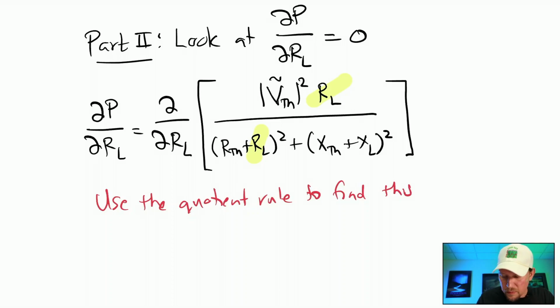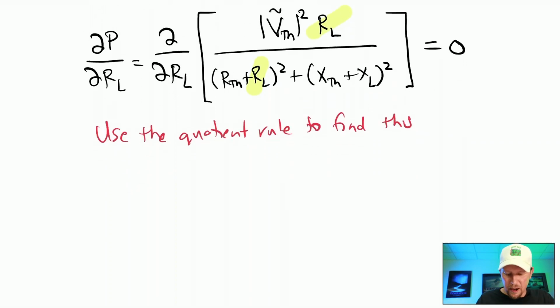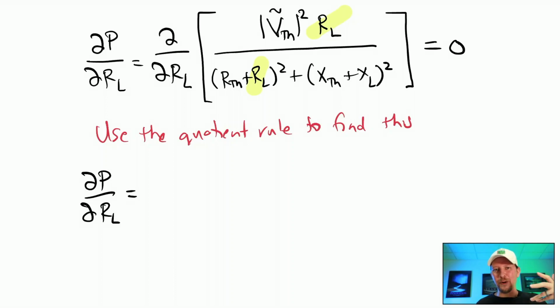On top of that, we will be setting it equal to 0 and then solving to see what conditions or constraints we actually have. Now, way back in high school, I learned the quotient rule using a little mnemonic: low d high minus high d low over low low. So it's the denominator times the first derivative of the numerator.